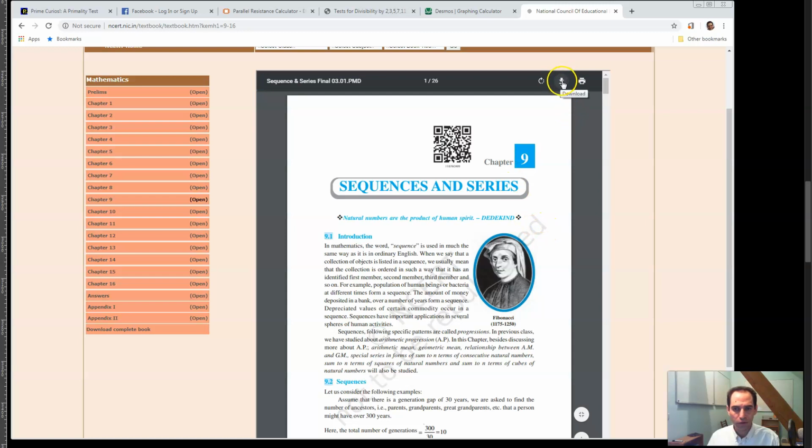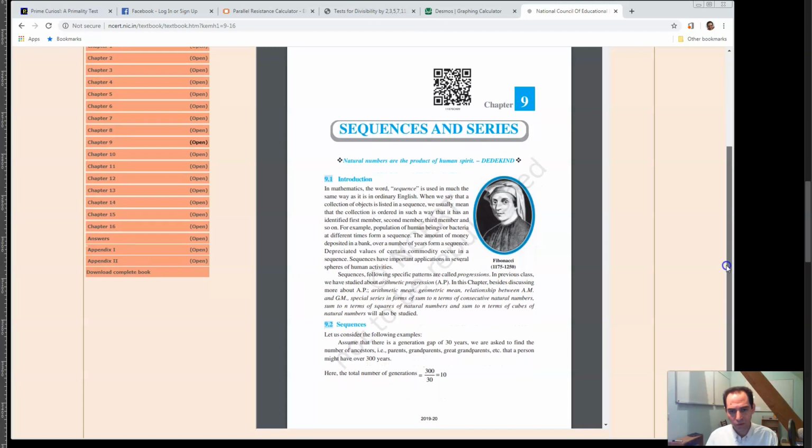You can of course download this specific chapter by clicking this button here, or you can download the complete book. If you are already a student in India, then you already know all of this. It is relevant to those people who have come here and know nothing about NCERT and the whole system that goes on in India.